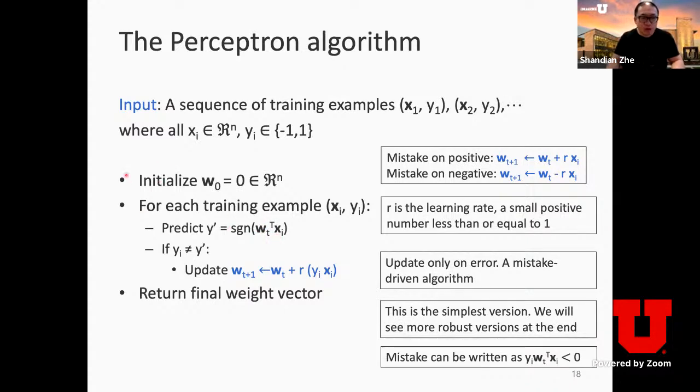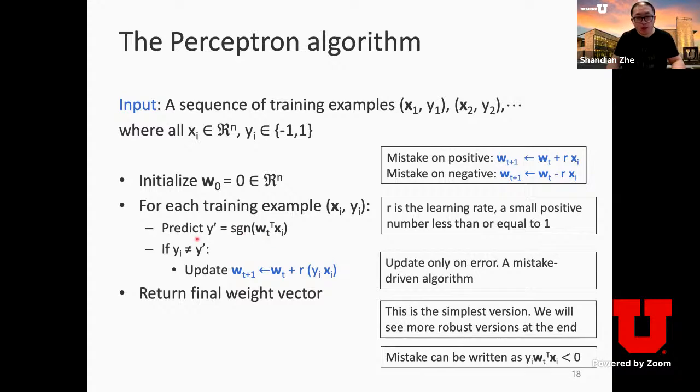So here are the algorithm steps. We initialize our parameter vector w0 with the 0 vector. And then we go through each training example, xi, yi. We first use our current weight vector to make a prediction on xi. Our predicted label is just the sign of the classification function, which is this inner product.